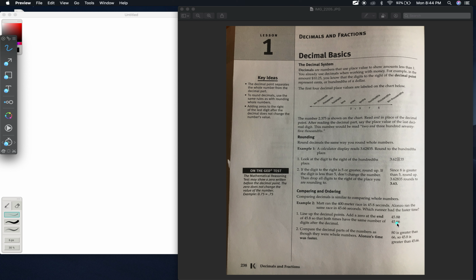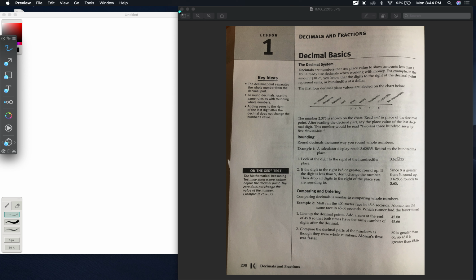So, in this case here, Alonzo's time was faster. Alonzo ran the same race in 45.66, Matt ran in 45.8. So the smaller number in a race is faster, so Alonzo ran it faster, okay?